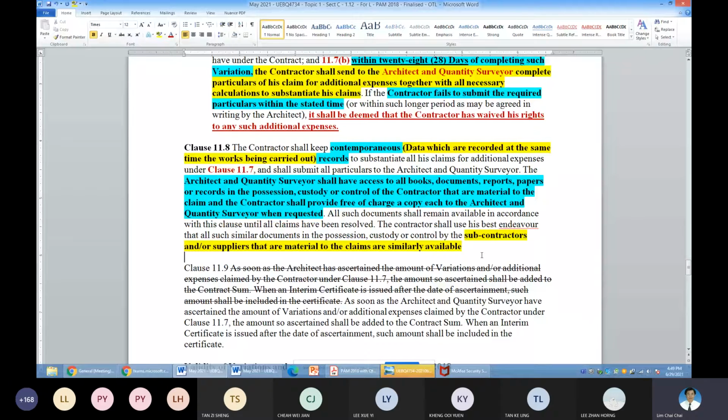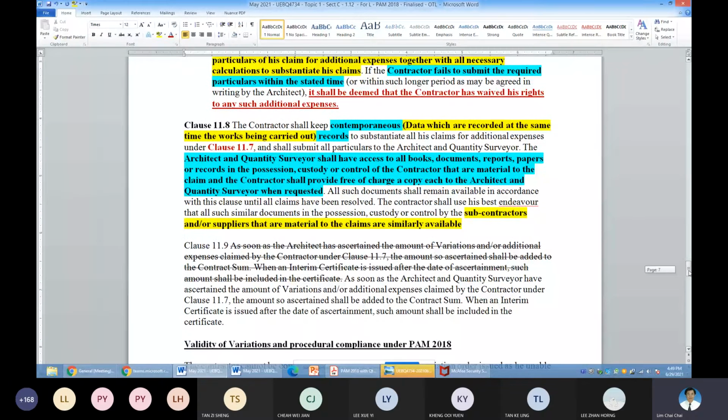11.9. So why 11.9 is important is on the payment to the main contractor. So once this is already evaluated here under clause 11.8, then the amount has to be reflected in the interim certificate.